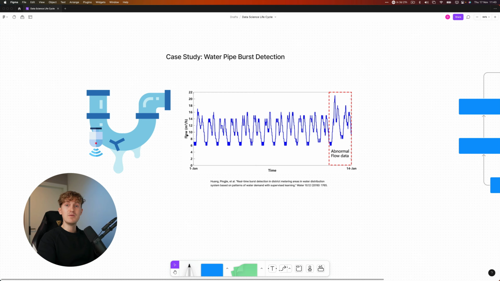But of course, this can be much more complex. We could have tens, hundreds, even thousands of data points, different data points, parameters that we can look into. And we have to understand as data scientists what each of those parameters mean, how they interact with each other, what we can extract from them. So this can become very complex real quick.